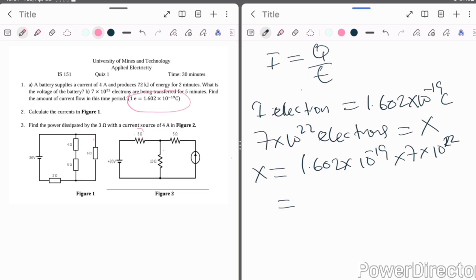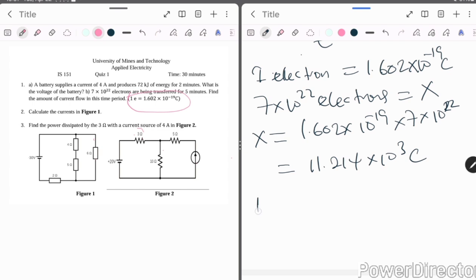So what do I get for this? If you multiply 1.602 by 7, that will give us 11.214. Now on the power, minus 19 plus 22 will give us 10 to the power 3 coulombs of charge. So this will be the charge.